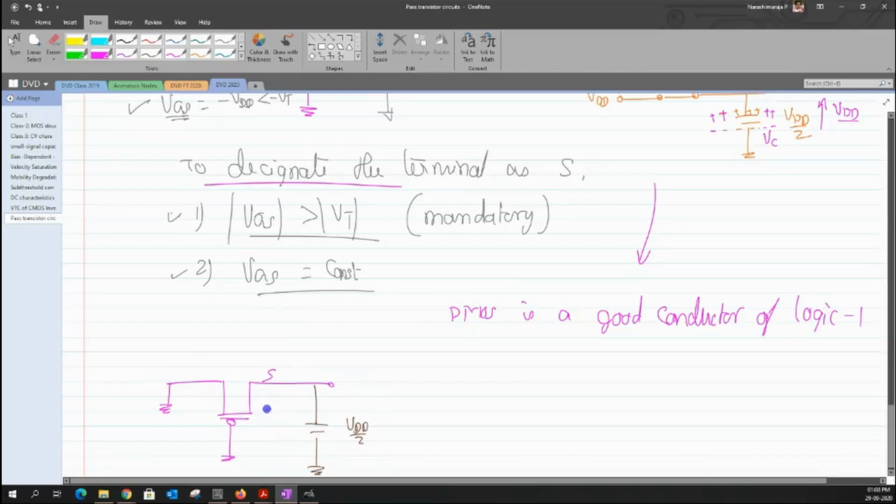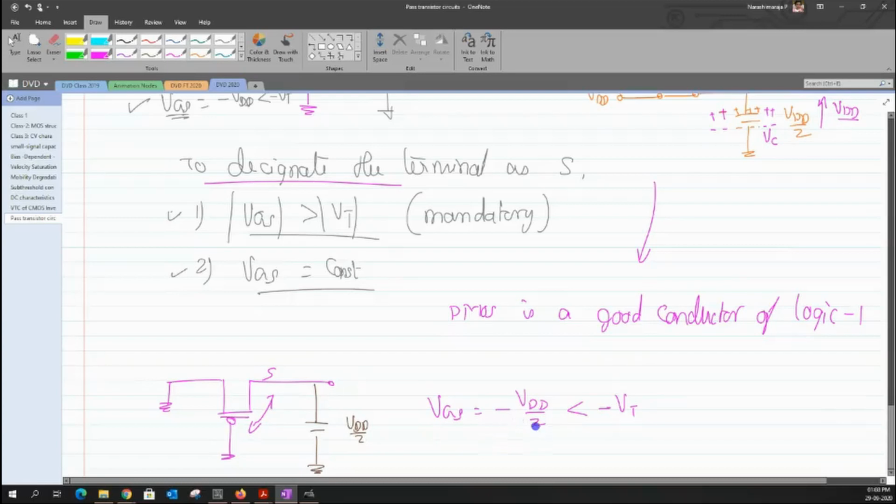And now I have a VGS that is greater in magnitude than VT. We have a VGS equal to minus VDD by 2, and this value is more negative than the negative value of the threshold voltage of our PMOS. So the channel exists, and I would create a channel between these 2 points, that is between the drain and the source.